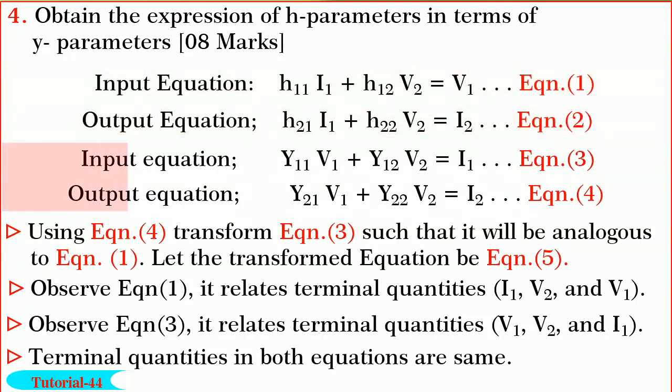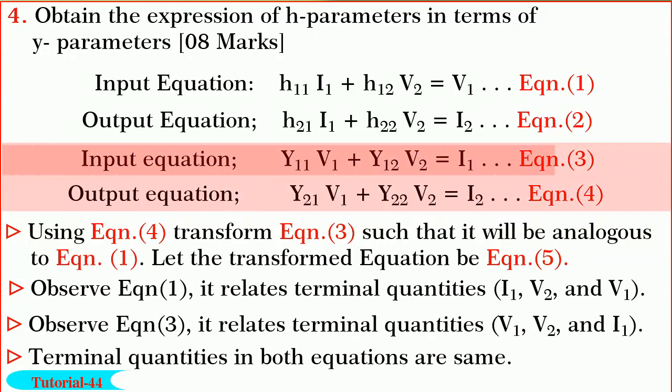Similarly, in terms of Y parameters, we have Y11V1 plus Y12V2 is equal to I1, let it be equation 3, and Y21V1 plus Y22V2 is equal to I2, let it be equation 4.